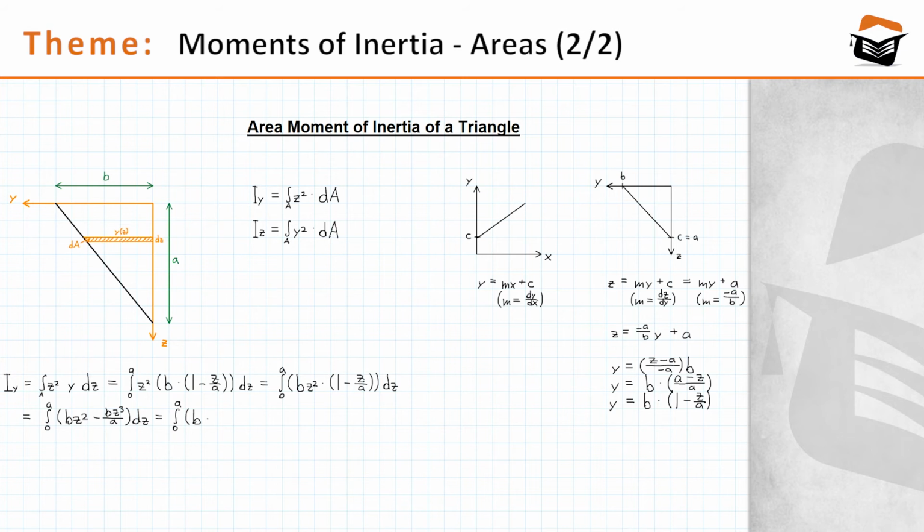So it's going to be bz squared minus b over a times z to the third power dz.